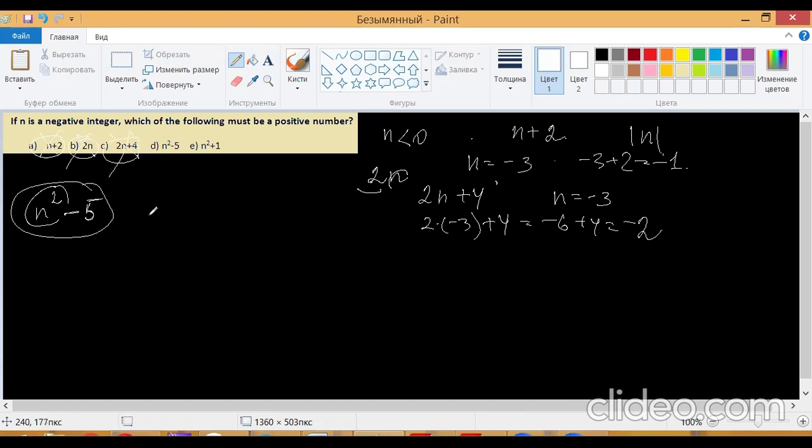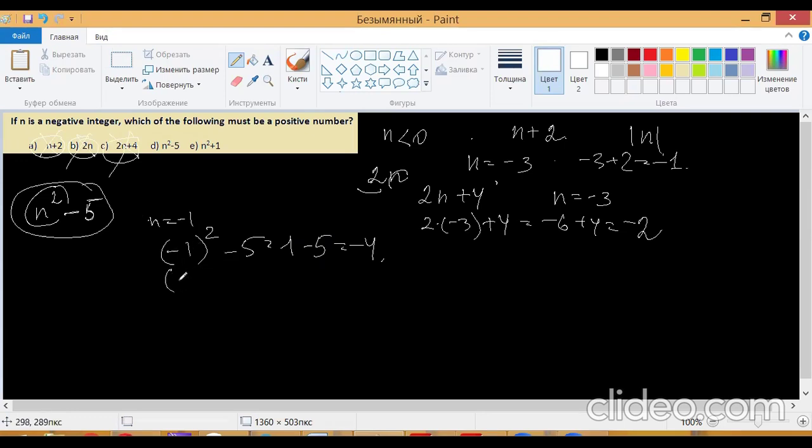So, for example, let's take n equal to -1. We will get (-1) squared minus 5, that would be 1 minus 5, and the final result is -4, another negative number, and this is not what we need.